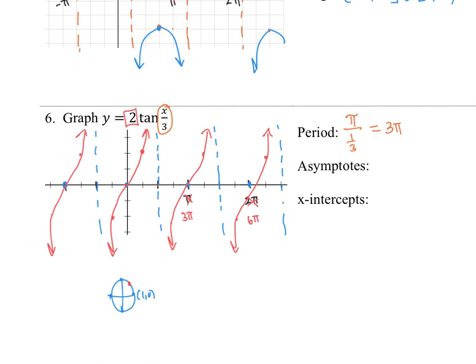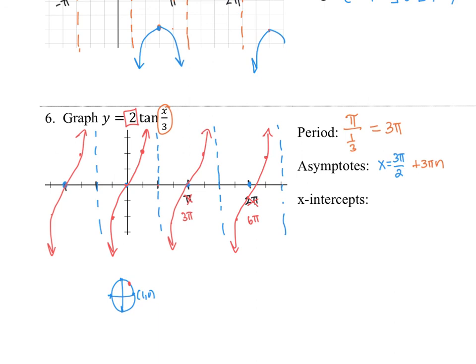So if it's between 0 and 3 pi, it must be at 3 pi over 2. Now my graph repeats every period. Because my period is 3 pi, if I add 3 pi n, I get where the next asymptote's going to be.